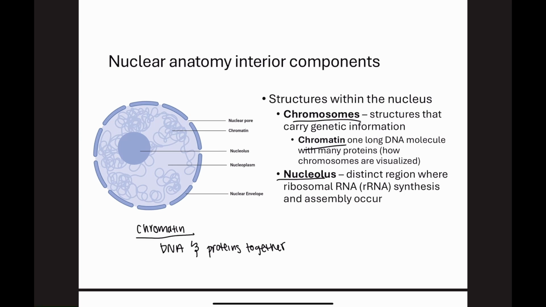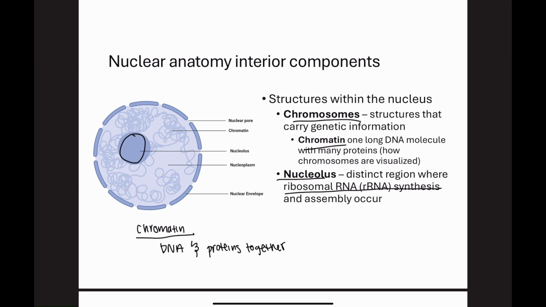Another structure that we have inside of the nucleus is the nucleolus. The nucleolus is this really dense and fibrous region inside of the nucleus. It is the site of ribosomal RNA synthesis, rRNA. It's where this rRNA is going to be synthesized, and it's where it's going to be assembled.